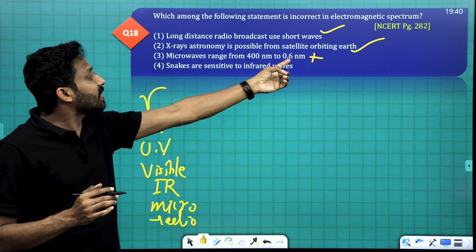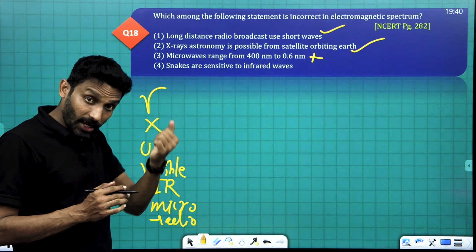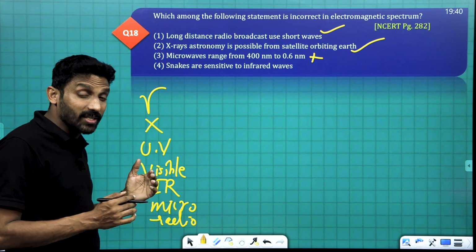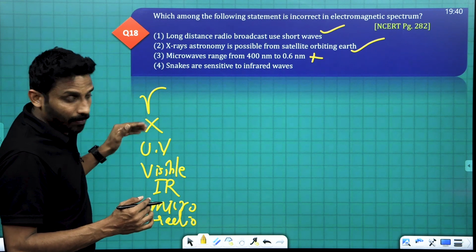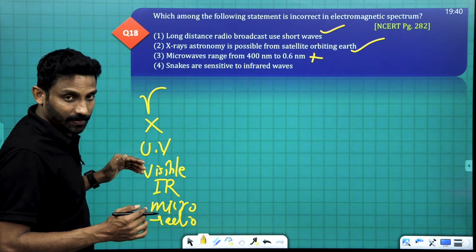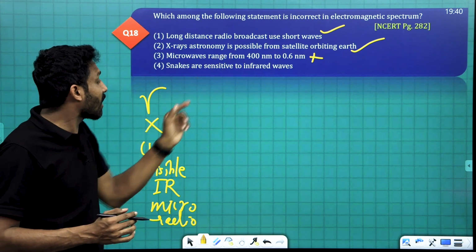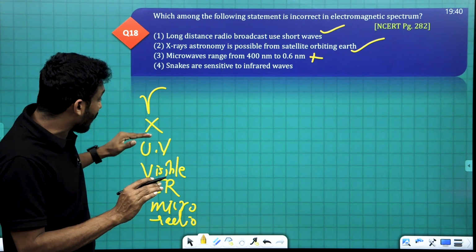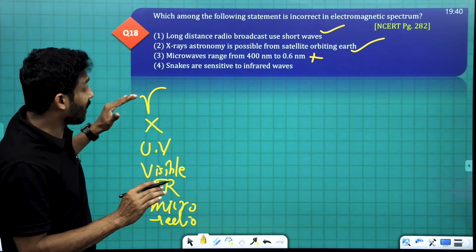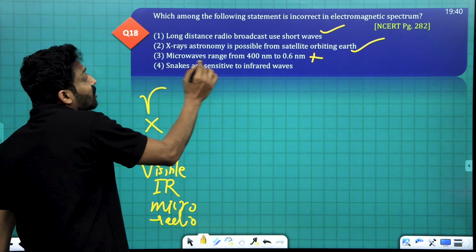And the 0.6 nm, the wavelength is still reducing, which means frequency is increasing. So that will be in the ultraviolet range, not in the microwave range. It will be in the ultraviolet and X-ray range. So this is the incorrect statement.